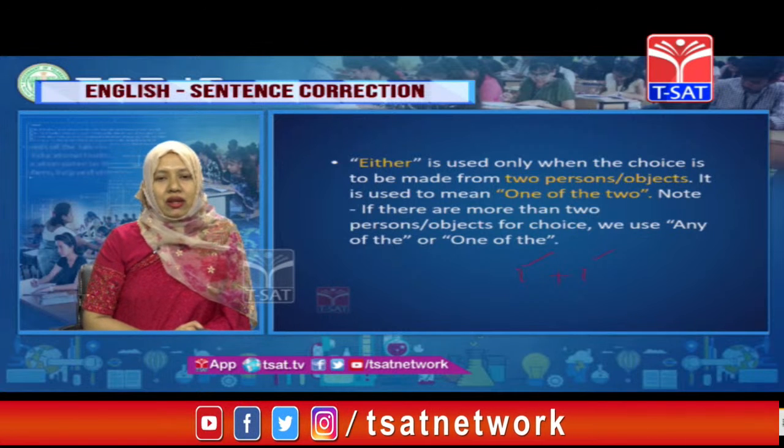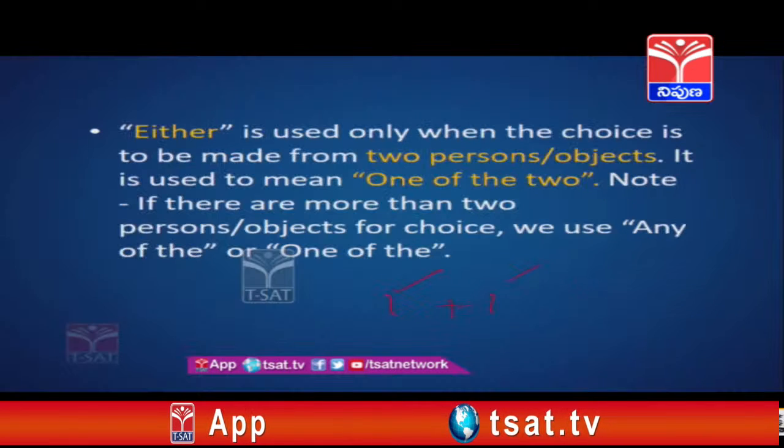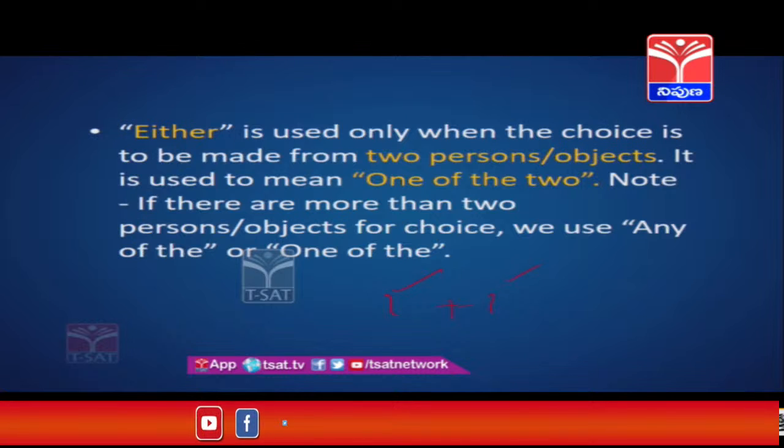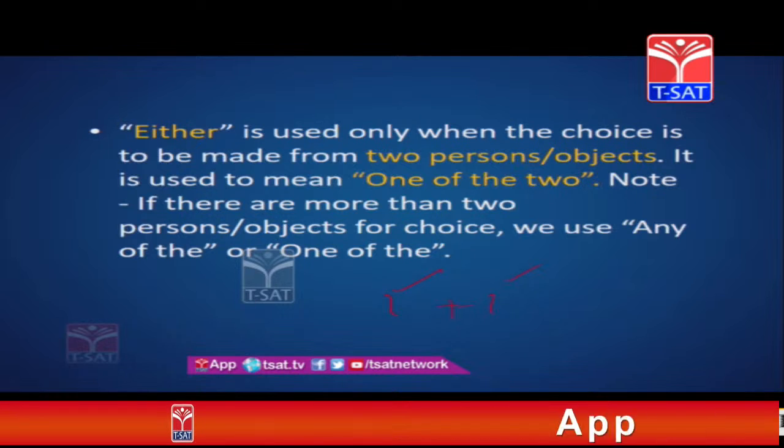Either of the pens. If there are more than two persons or objects for choice, we use any of the or one of the. Always remember, either is used only when the choice is made between two persons or two objects, out of which you have to select any one.